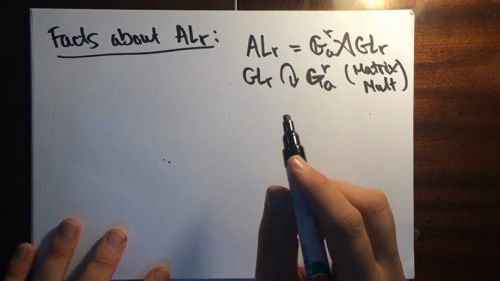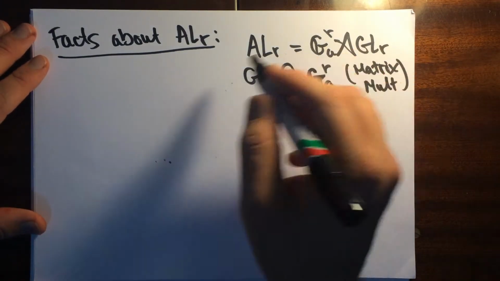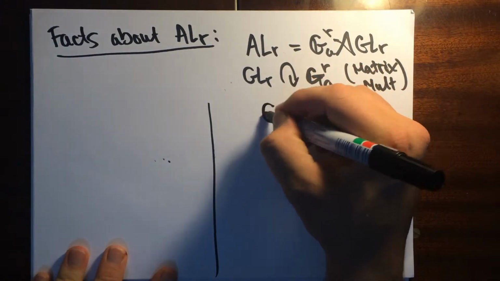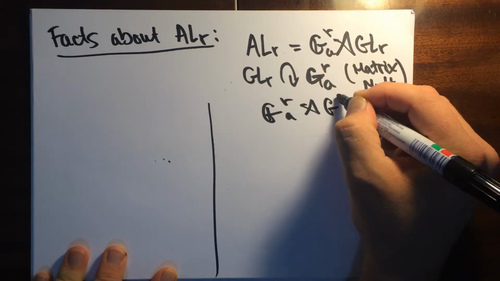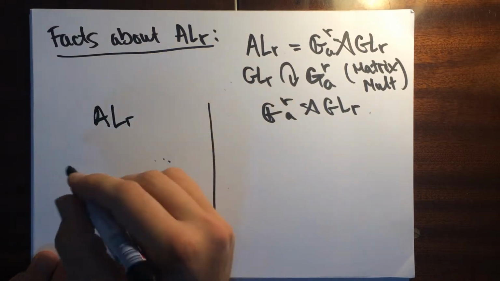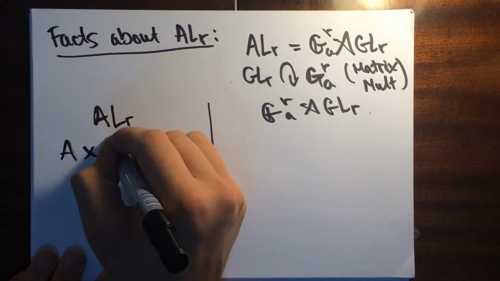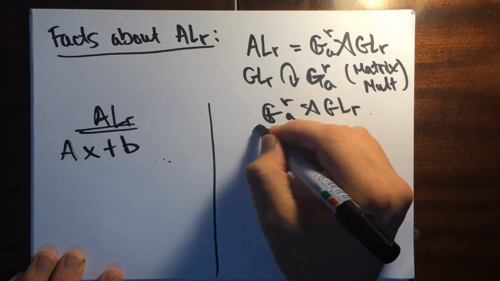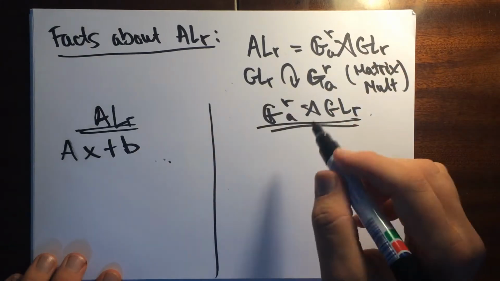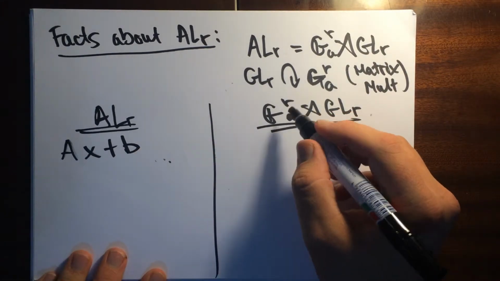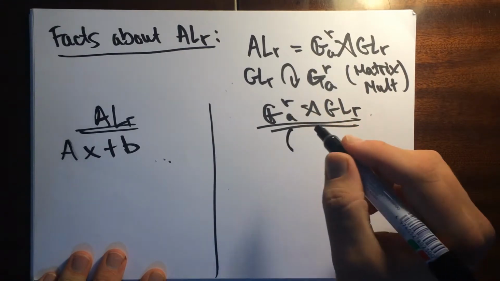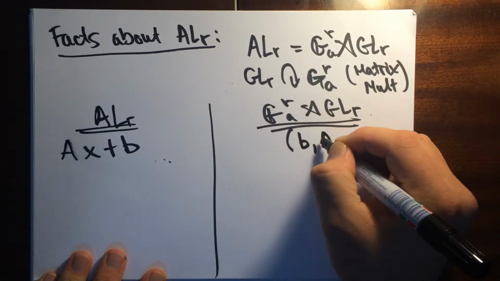Okay, and let me just describe the two different group laws here. On this side I'm going to write what this thing looks like, and then here I'm going to write things about the affine linear group. So here we view these as Ax plus B's. This is a matrix, and then this is a vector. And over here we're going to write them as (B, A).